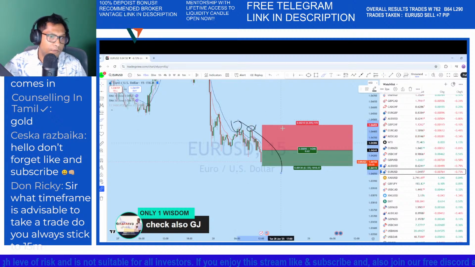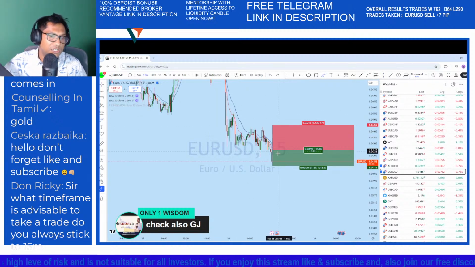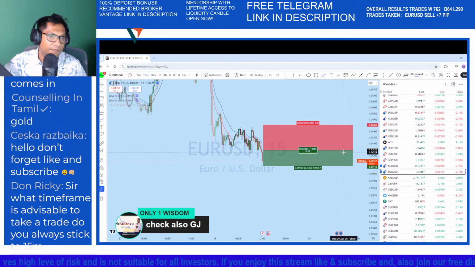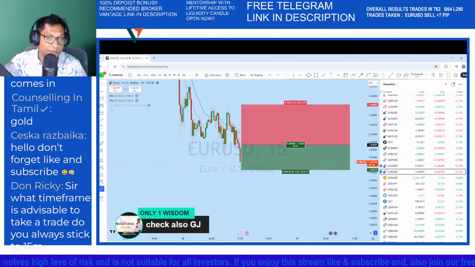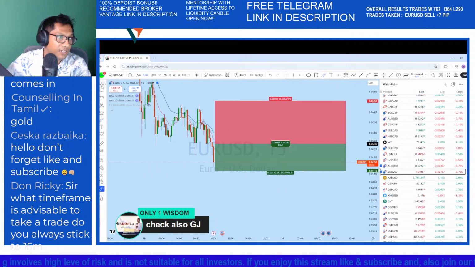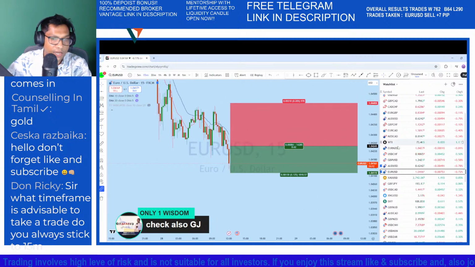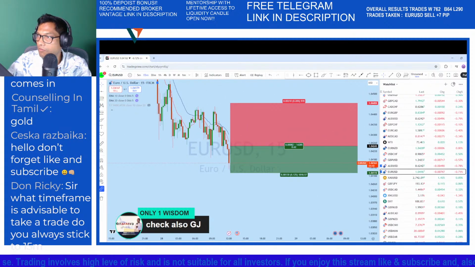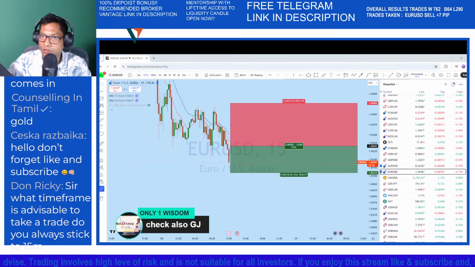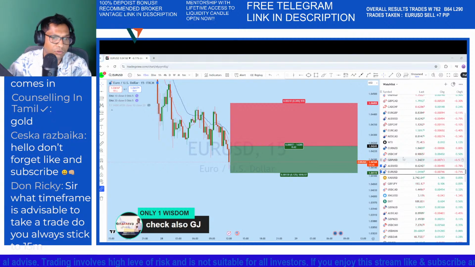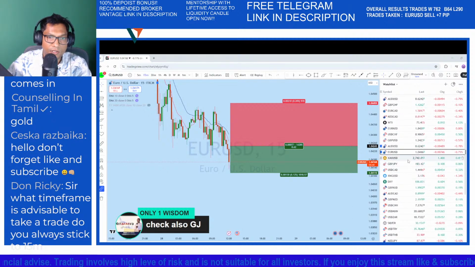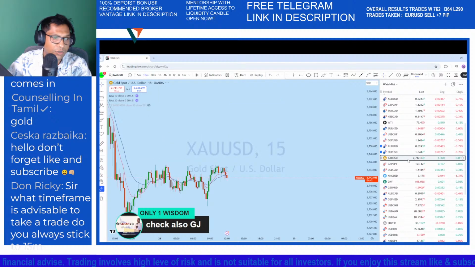Okay, double top, drop down, and wanting to see that the market is trending here, and it may trend in that direction, and with that trend we may see EURUSD coming here. So let's look at what's happening on XAUUSD now.